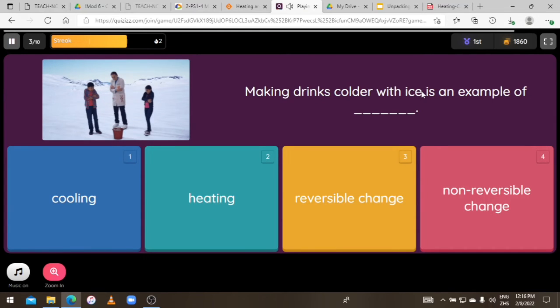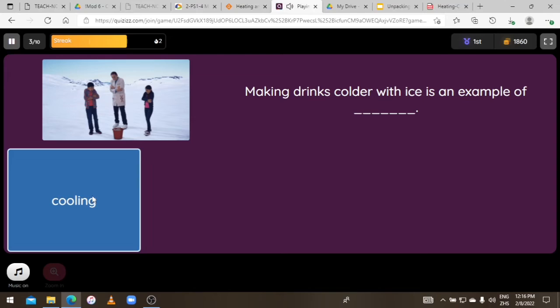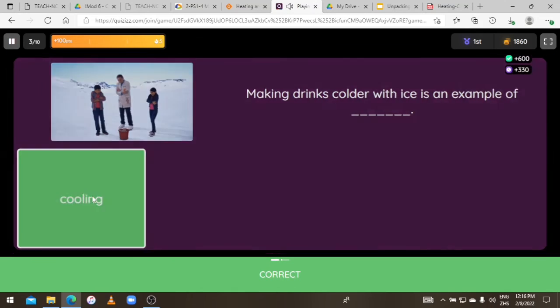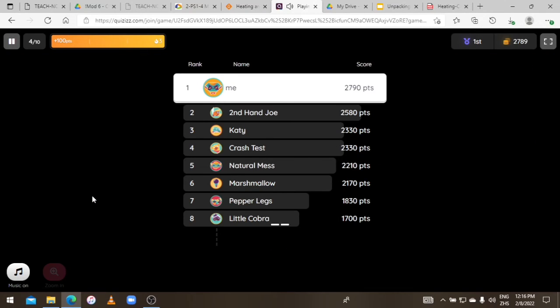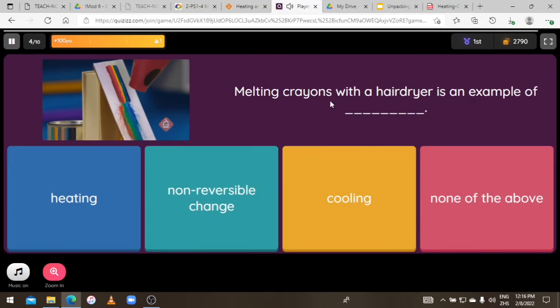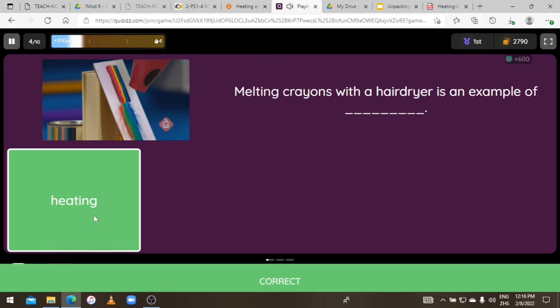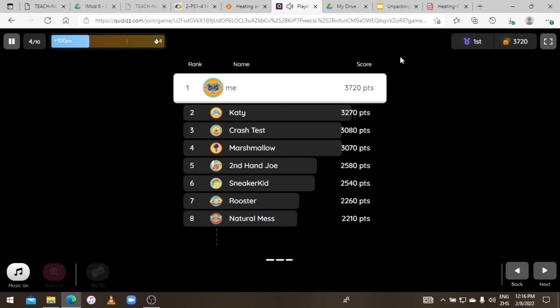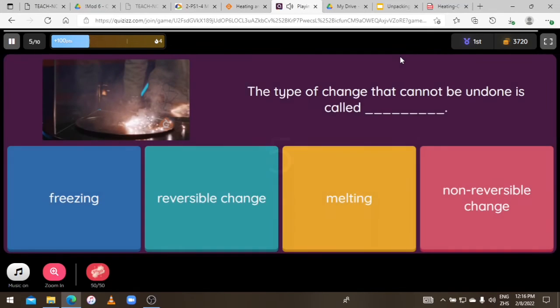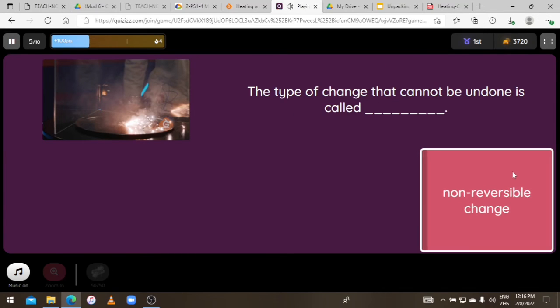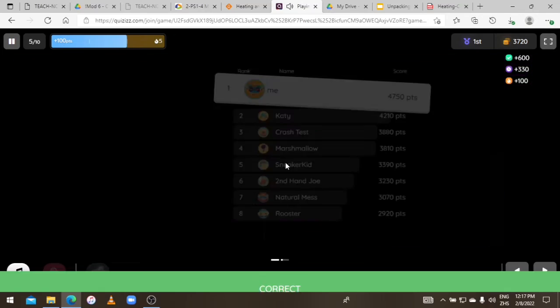Making things colder with ice is an example of cooling. Melting crayons with a hair dryer is an example of heating. The type of change that cannot be undone is a non-reversible change.